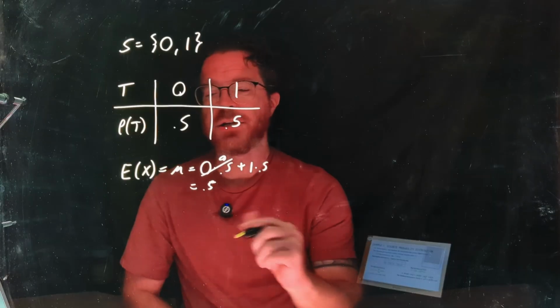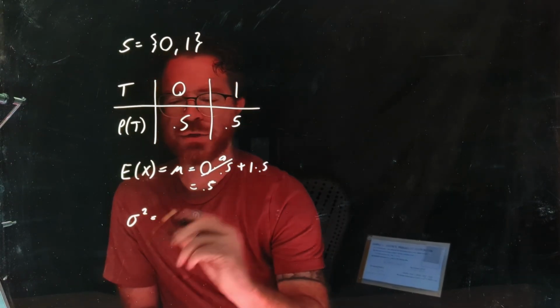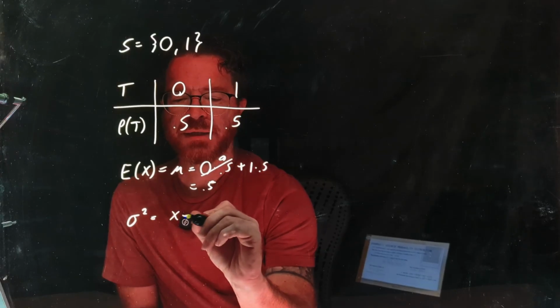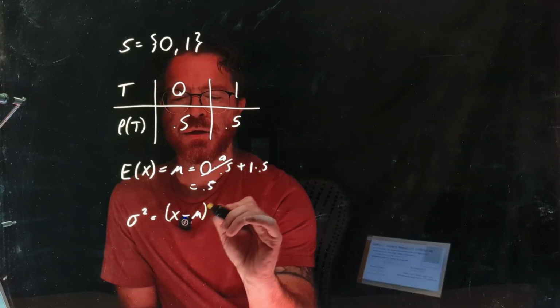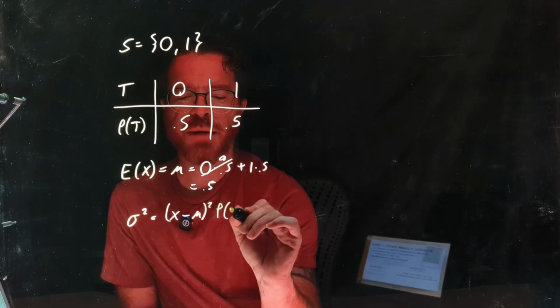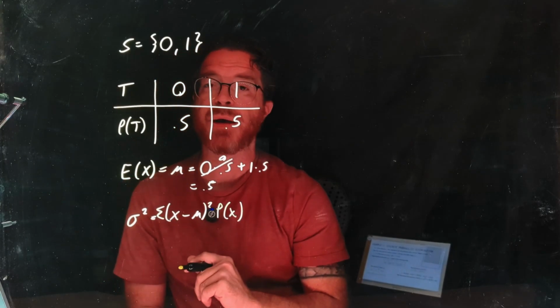So now let's find our variance. Our variance, if you remember, is going to be equal to our outcomes x minus our expected value, or our mean, squared, times the probability of those outcomes, and then we will just sum them up.